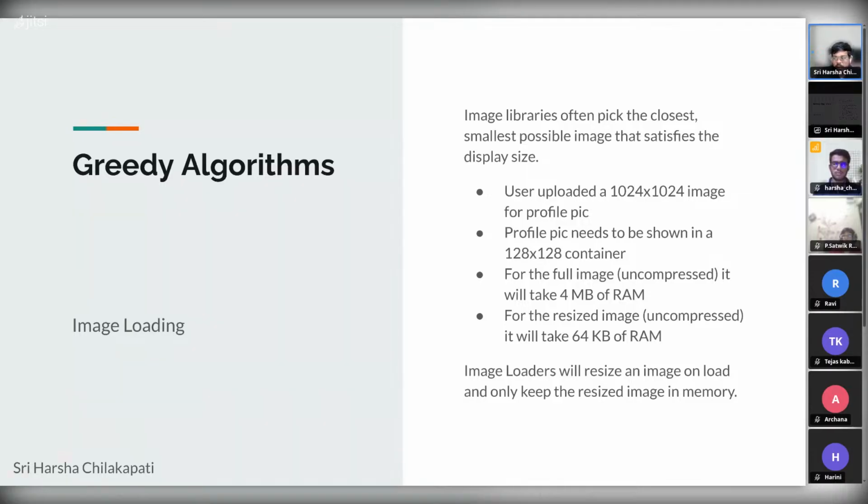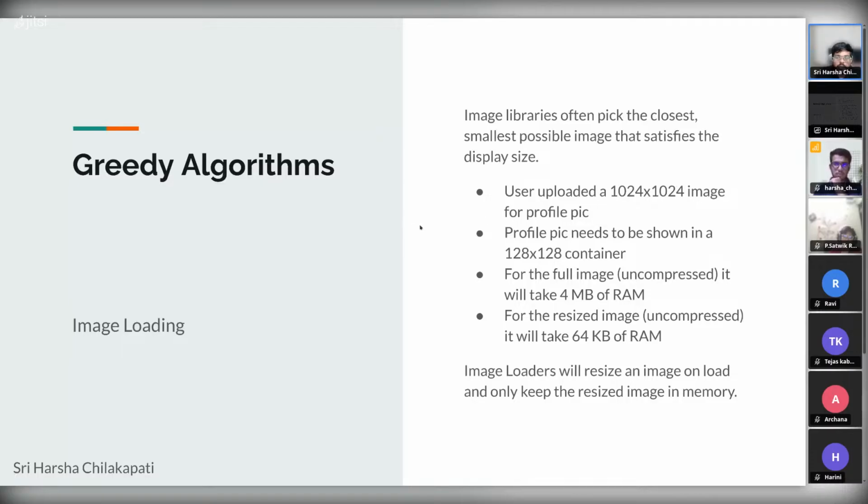It has too many pixels, and then Instagram will ask you to crop that image to a square. And let's say you are cropping it as 1024 by 1024 pixels. And once you set the profile picture, it is only shown in a 128 container. Like that, a huge image is being shown in a small place.